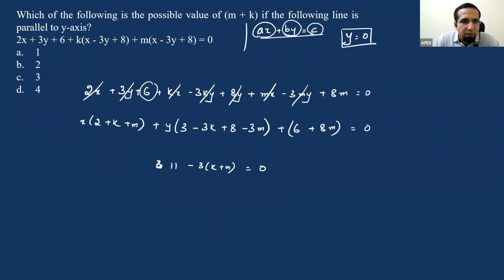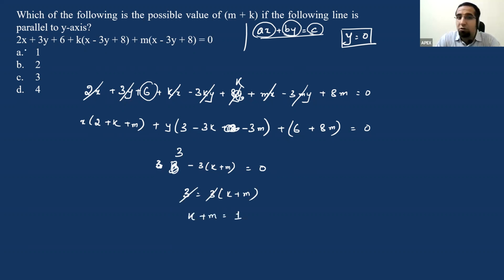This is 2x plus 3y plus 6 plus kx minus 3ky plus, oh, I'm sorry, here this is plus 8k. So the 8 won't come. If this won't come, you have 3 minus 3 times k plus m is equal to 0, or you have 3 is equal to 3 times k plus m, 3 and 3 get cancelled, and eventually we know that the value of k plus m is equal to 1.